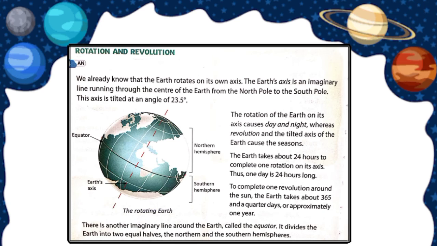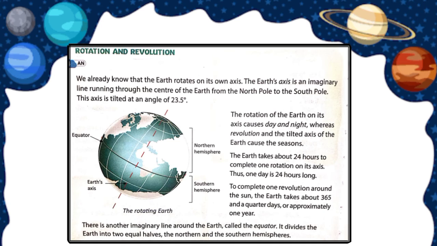So we can say that while the earth is rotating on its axis, it also orbits the sun, and it takes a little more than 365 days for the earth to make a complete trip around the sun.